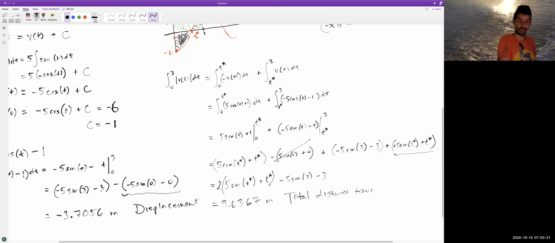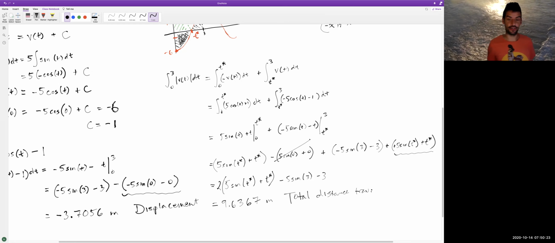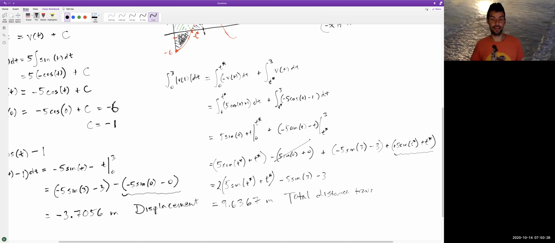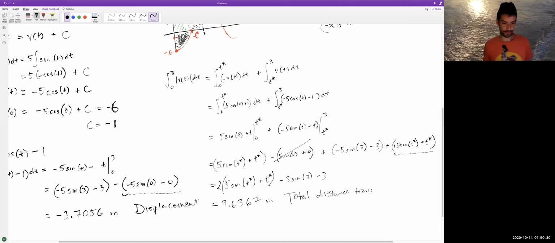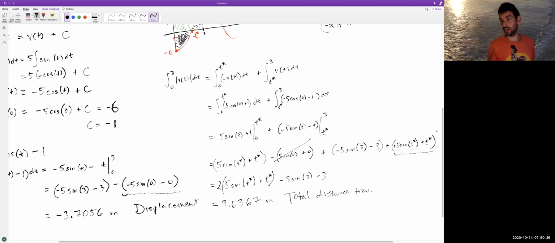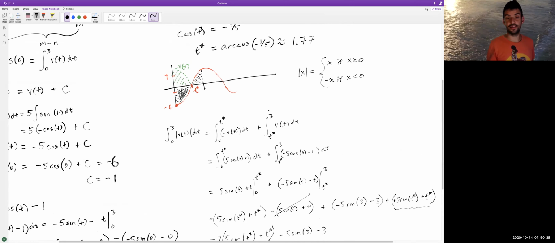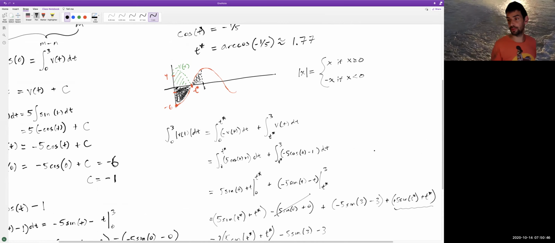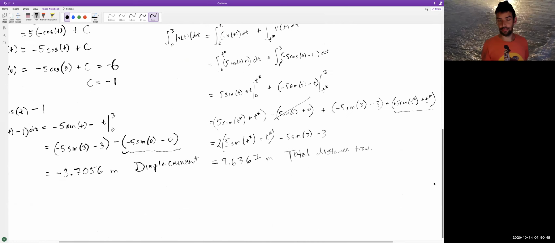Moved about, I don't know, 7 or 8 units in the negative direction, and then came back about 3, something like that. And so there's a whole much more distance that we didn't capture when we looked at the displacement. And that was evident in this picture, where we have the negative velocity here. We're moving in a negative direction for a while, and then we come back a little bit. My picture's not perfect, but we get the idea of what happened there.